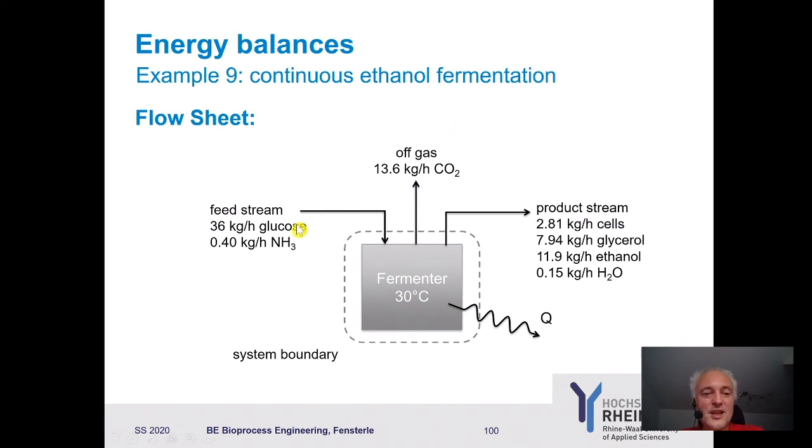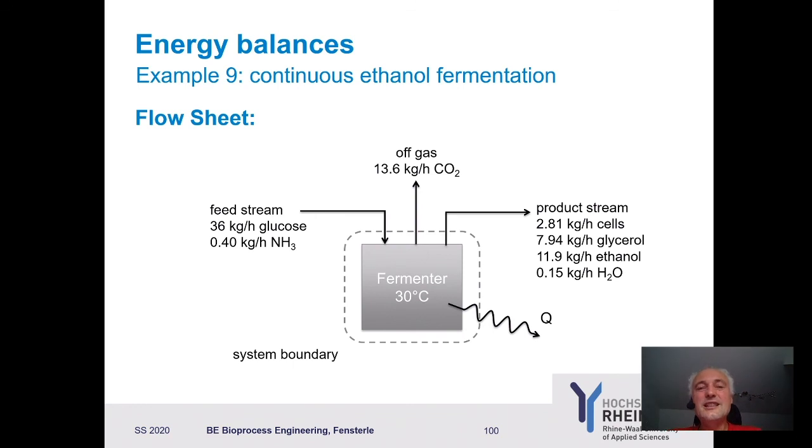So obviously, for the energy balance, if we neglect the sensible heat, neglecting sensible heat means that the water which goes in and the water which goes out is not accounted for, because even if it comes in at 25 degrees and goes out at 30 degrees, we said that we neglect the sensible heat. So we don't need the water which goes in and out.